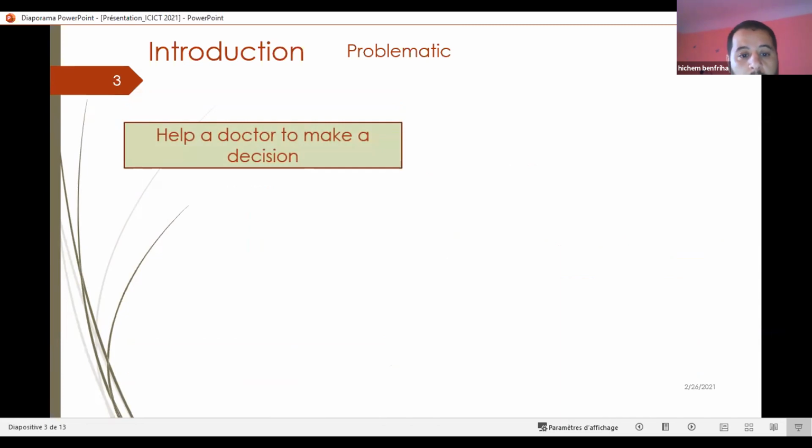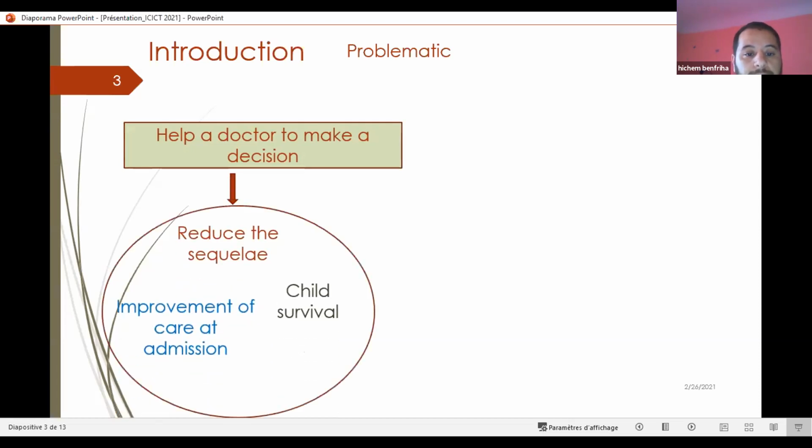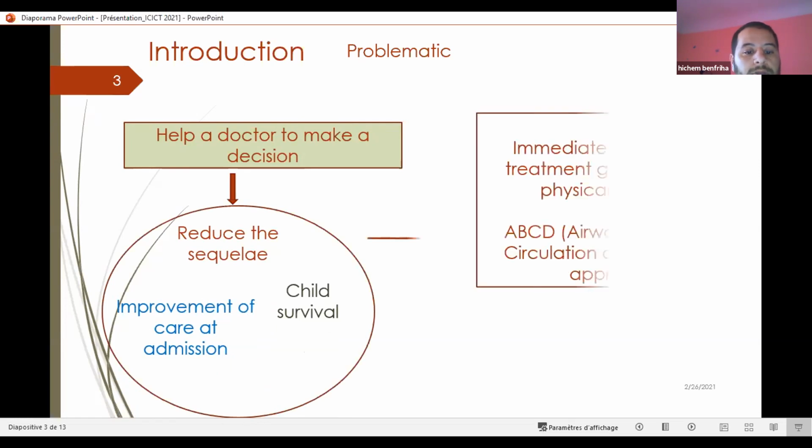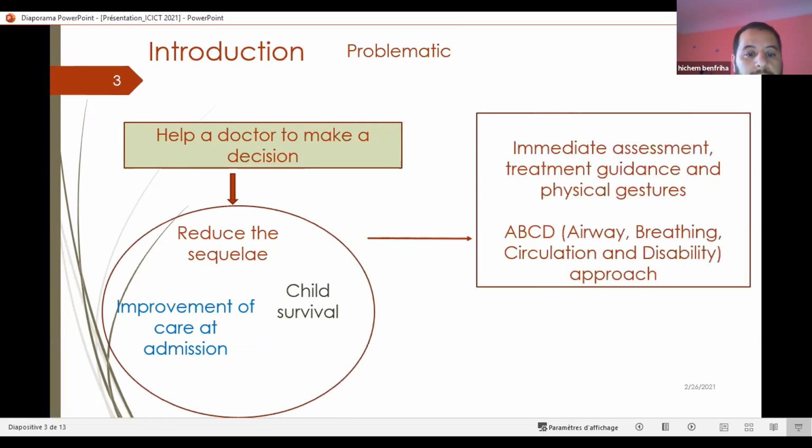For us, this work is about helping a doctor to make a decision. To achieve this objective, we must ensure the right behavior is taken to reduce the sequelae and improve care at admission.